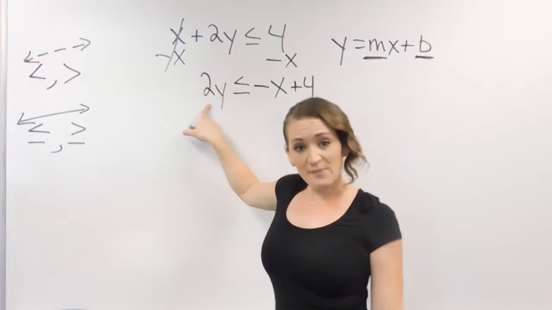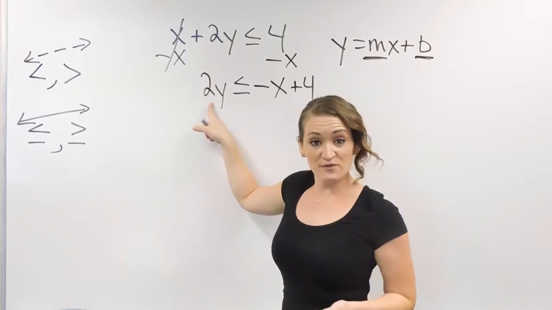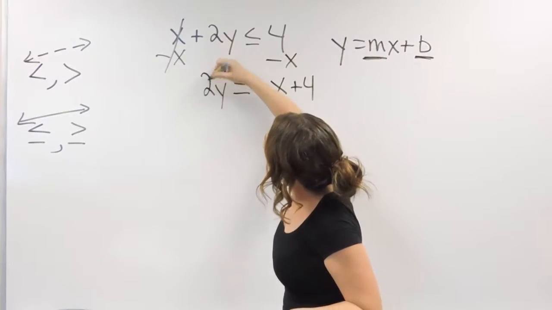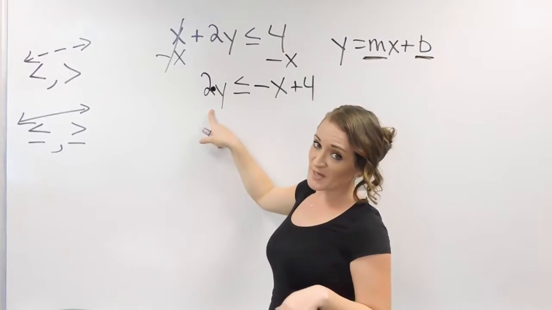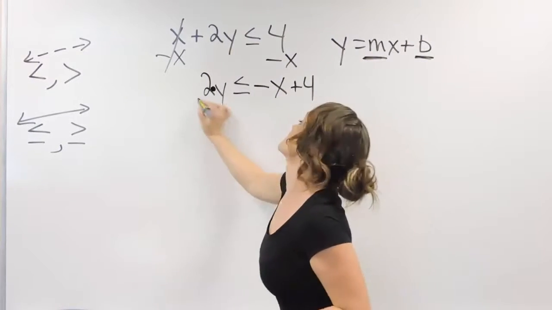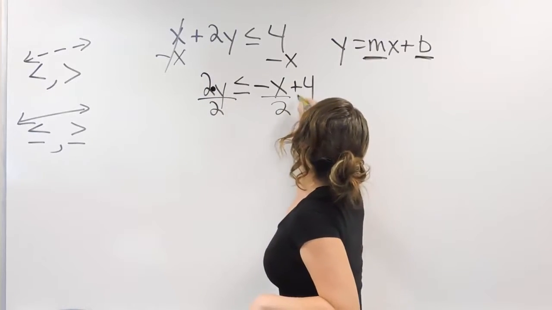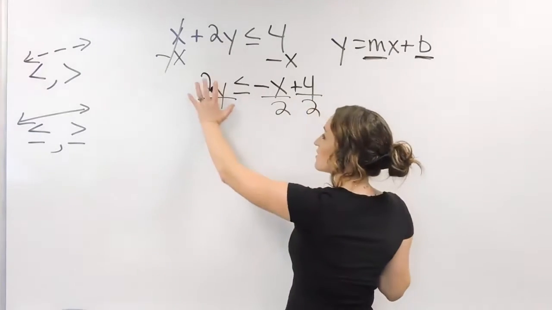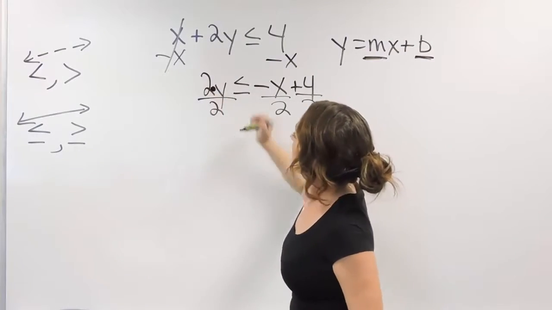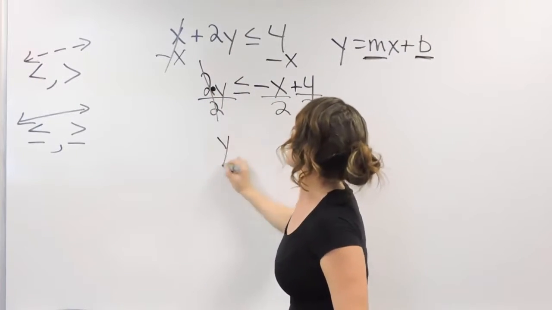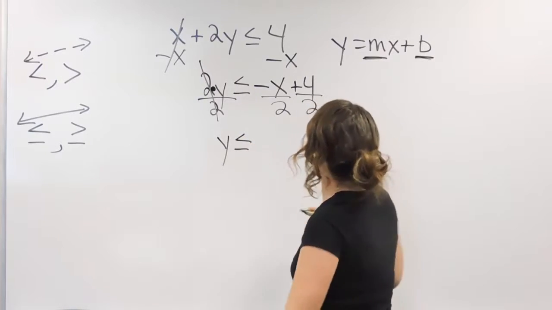We almost have y by itself. We just need to get rid of that 2 in front. Remember that this is understood to be 2 times y. The opposite of multiplication is division, so let's divide everything by 2, the entire left side and the entire right side. So 2 divided by 2 cancels. Drop down y is less than or equal to.